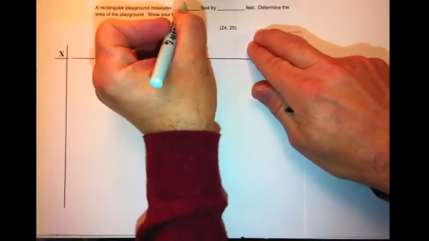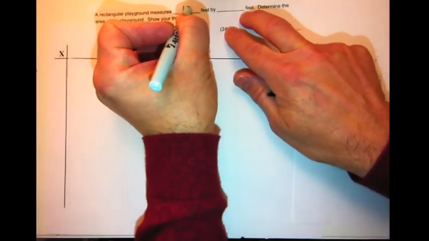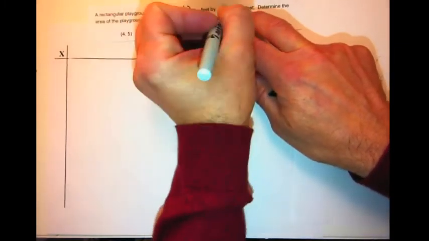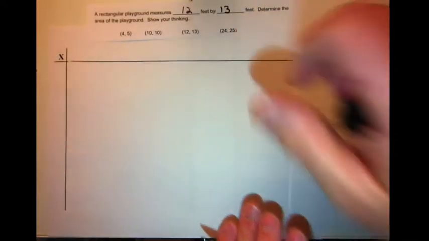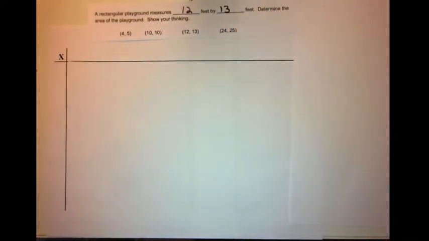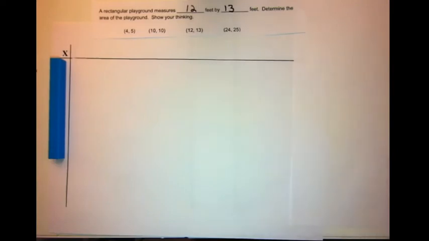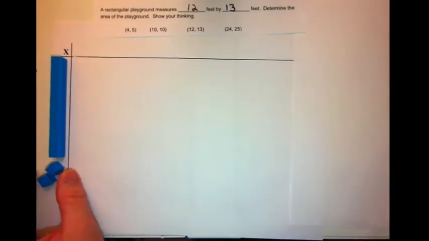And so we're going to say measures 12 feet by 13 feet. Determine the area of the playground. So what I'm going to do is I'm going to use base 10 materials to build that. We have 12 feet, so I'm going to build a 10 on one side.